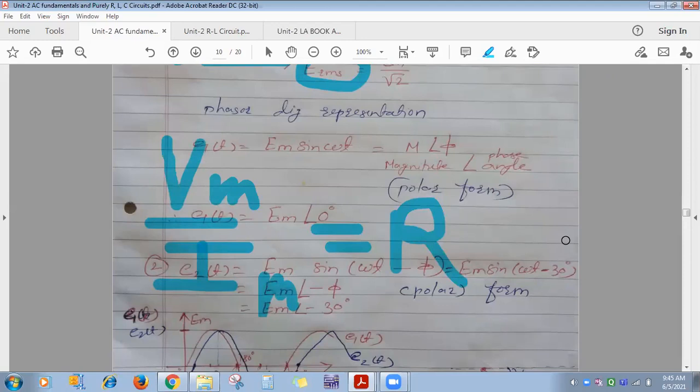Then what about the value of R? Remains the same or different? If I calculate R using Vm by Im, and I calculate R using Vrms by Irms, by both formulas will I get the same value of R or a different value? Same. Same value of R.